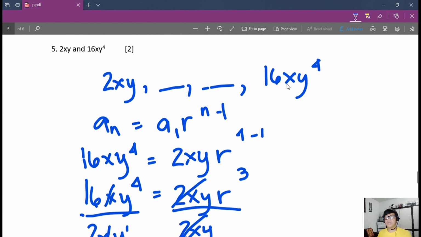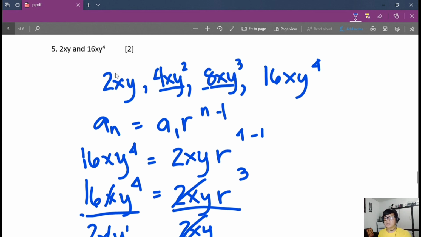So, 2xy times 2y is 4xy squared. 4xy squared times 2y is 8xy cubed.